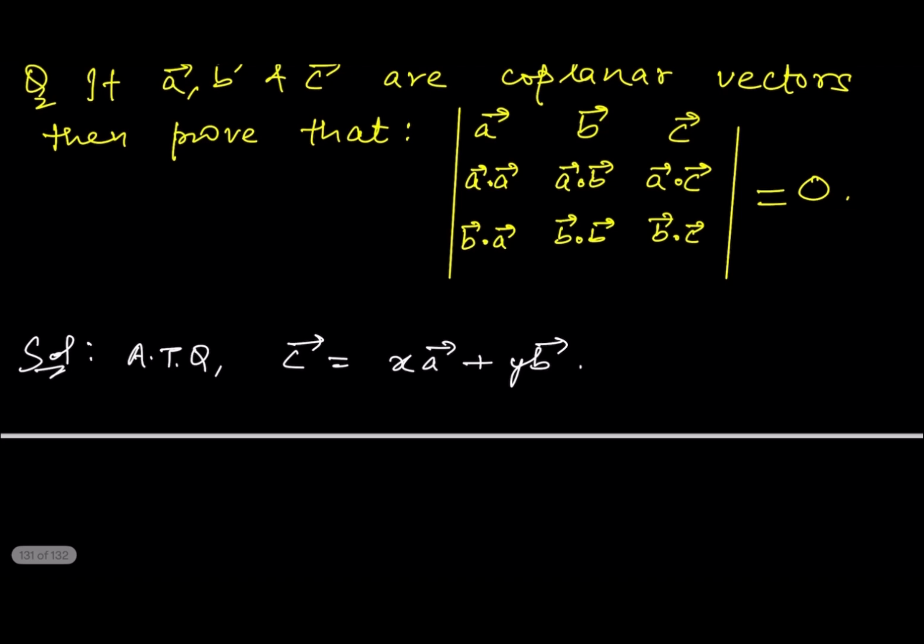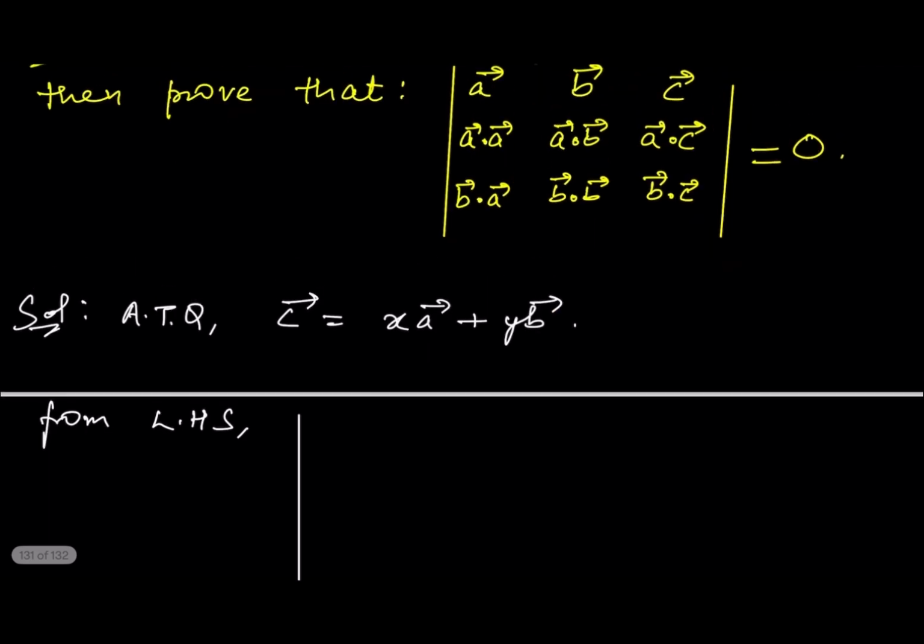Now from the LHS, A vector, B vector, C vector is xA vector plus yB vector.